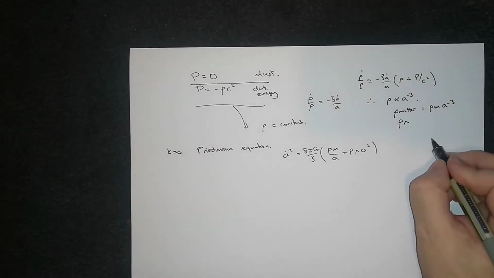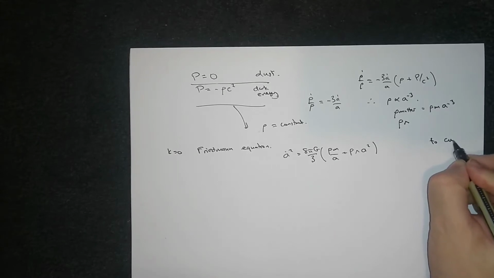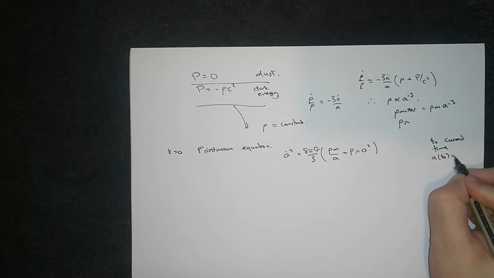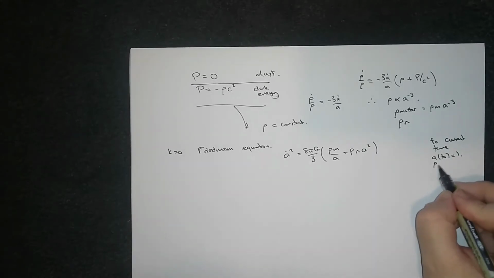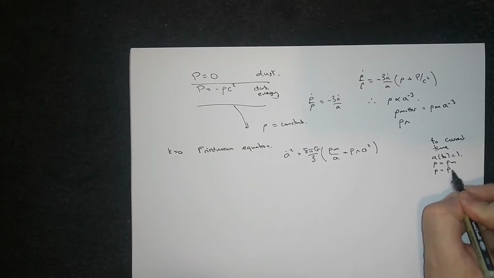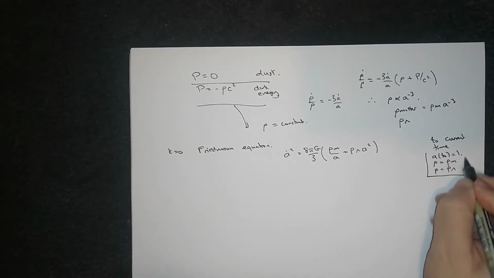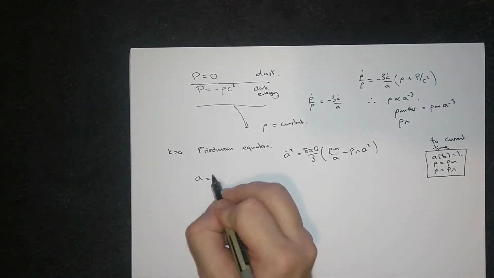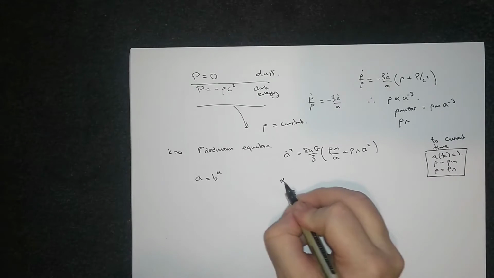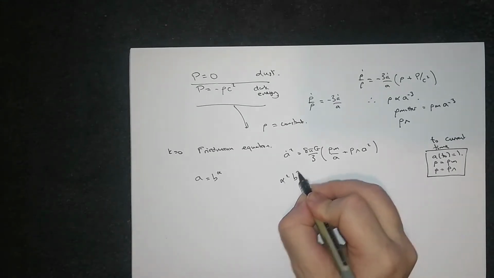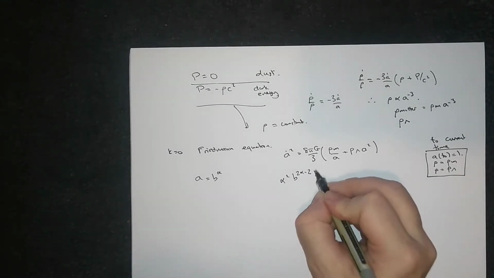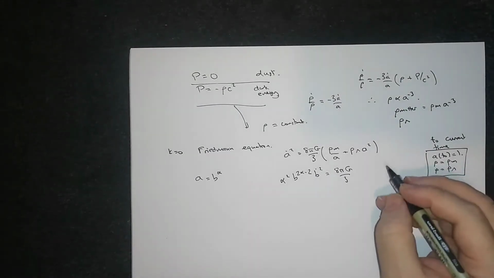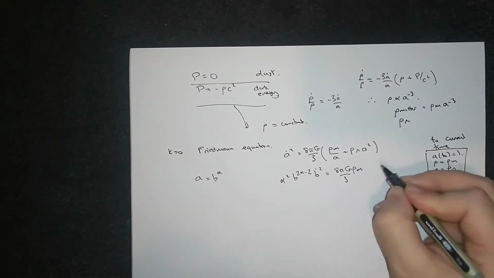What we'll be doing is setting t0 to be the current time and a of t0 is 1, so then rho equals rho m and rho equals rho lambda are the values observed today. To solve this equation, we're going to write a as b to the alpha. So you get alpha squared b to the 2 alpha minus 2 b dot squared, 8 pi G over 3. Let's take rho m out as a factor.